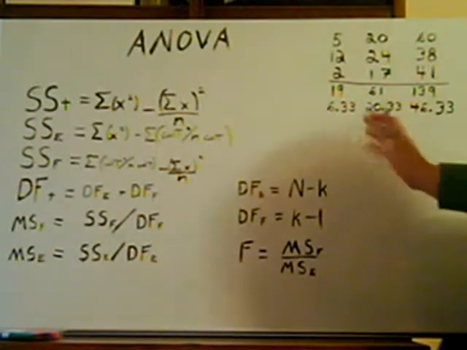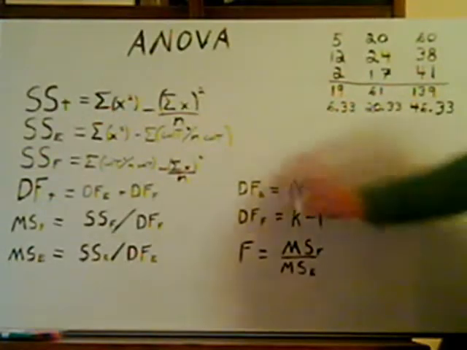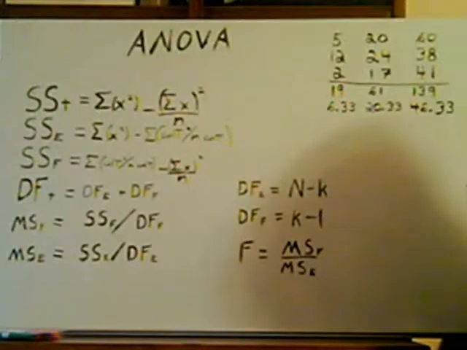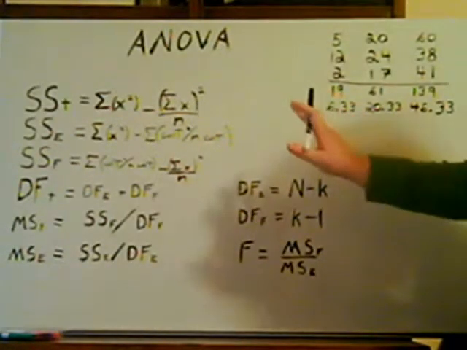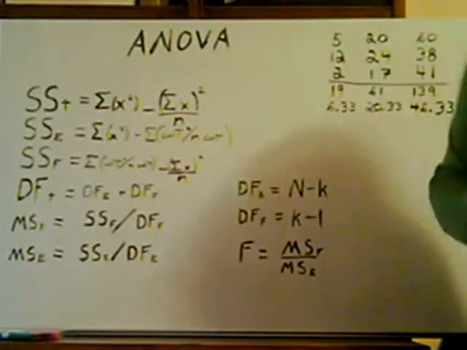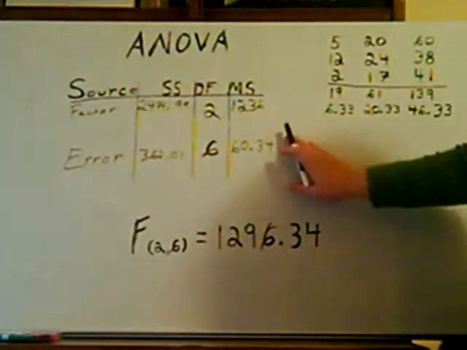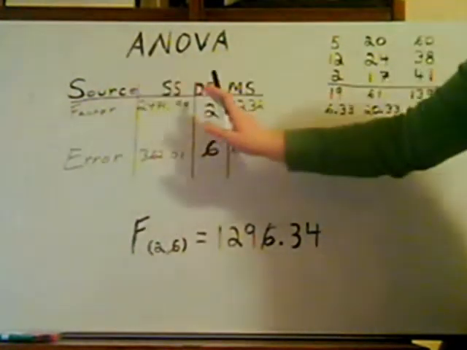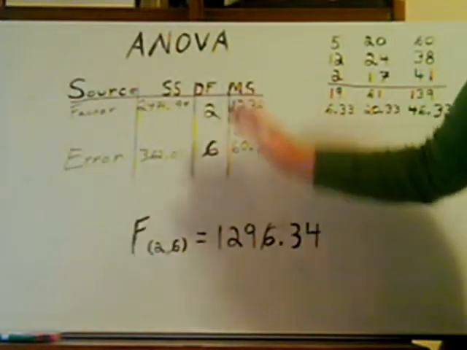Okay, so we've got all these numbers, but that's still a little messy. So what we're going to do is take away these formulas and put up something called an ANOVA table, which has all the information we just found in a nice, orderly presentation. And here we have a completed ANOVA table. The columns for this are source, SS, DF, and MS, which we just found.